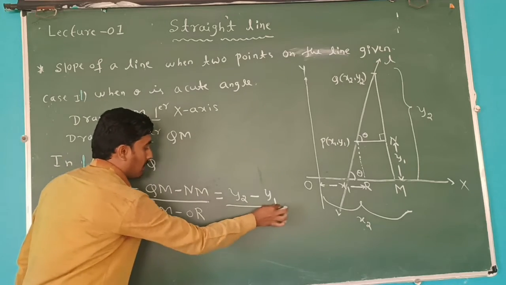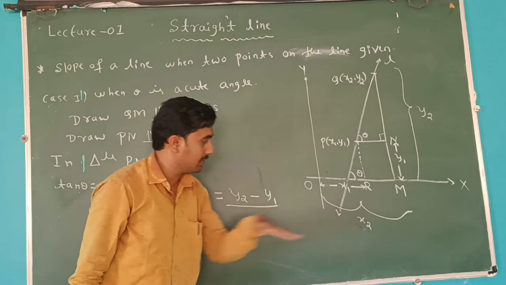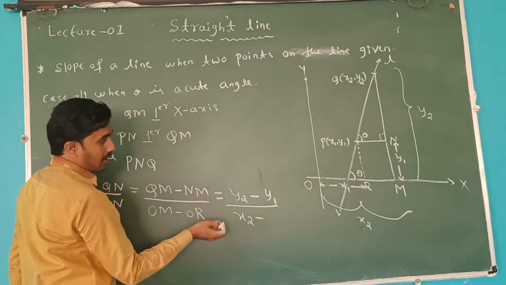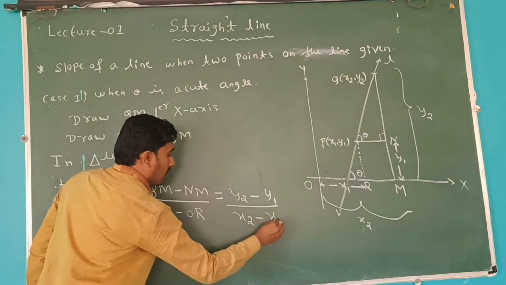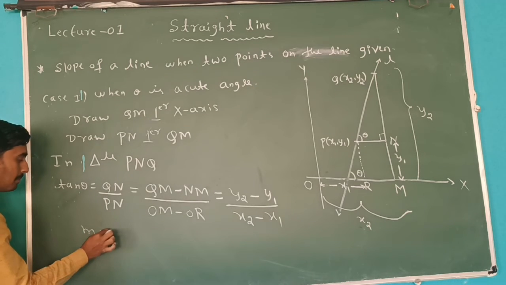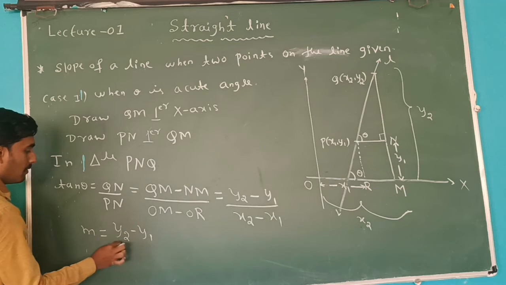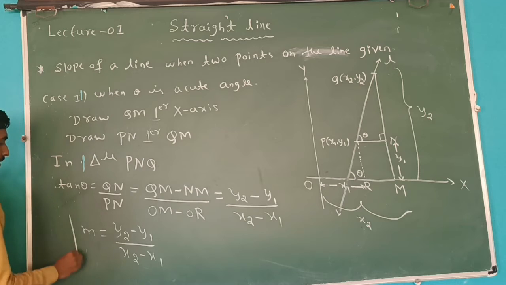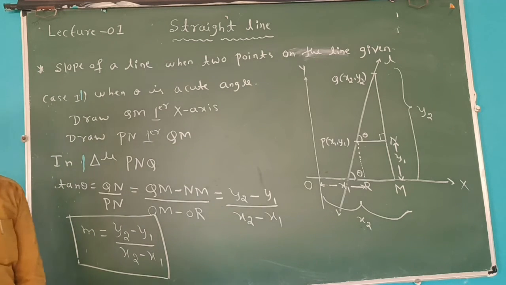Divided by OM. O to M is x2, minus OR. From the origin to this point R is x1. So tan theta, the slope of the line, m equals y2 minus y1 divided by x2 minus x1. This is a very important formula to find the slope of a line.